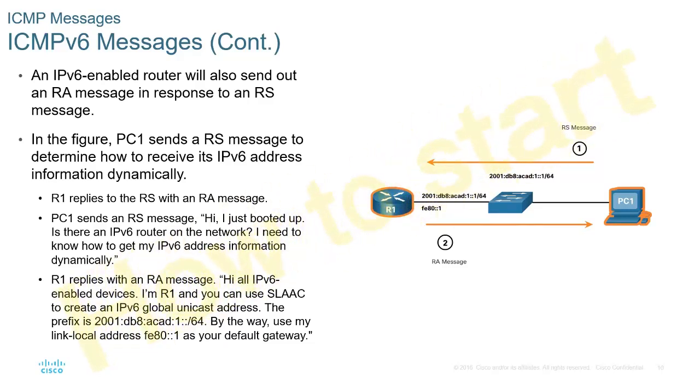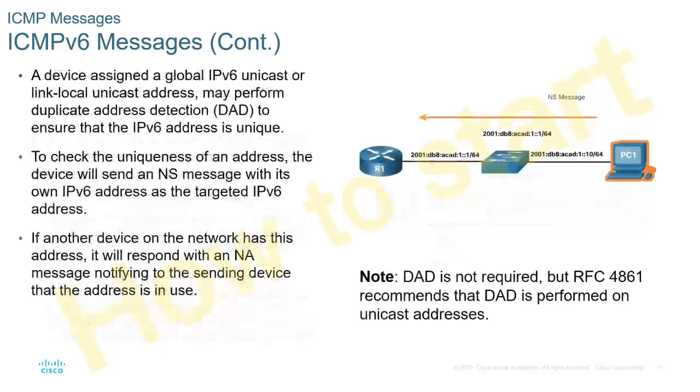So again, there are some default timers in play that, if we are using SLAAC, should help auto-configure IPv6, and they make use of ICMPv6 in order to do that. There is a duplicate address detection mechanism, DAD, that is not required but is recommended for our unicast addresses. This just enables verification that no more than one device has the same randomly generated IP address.